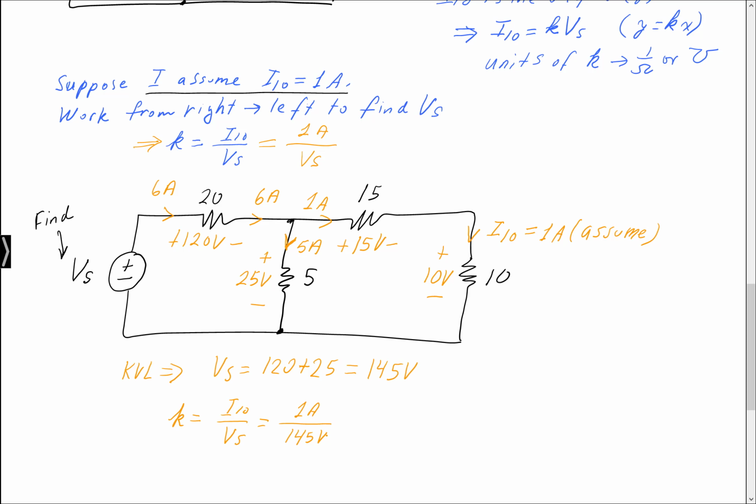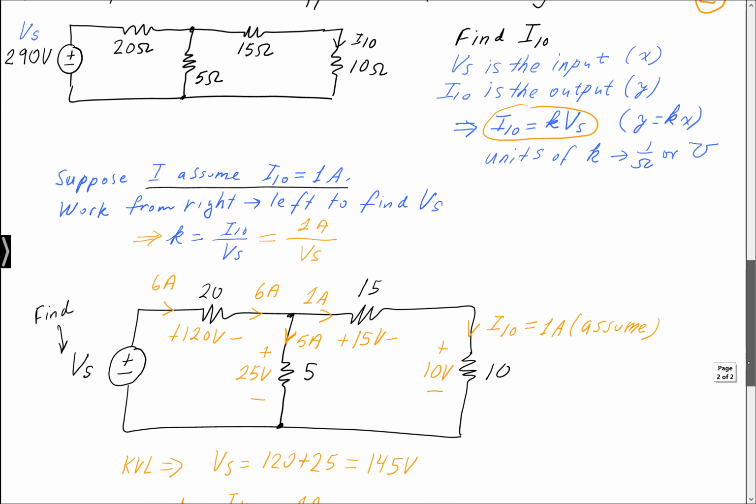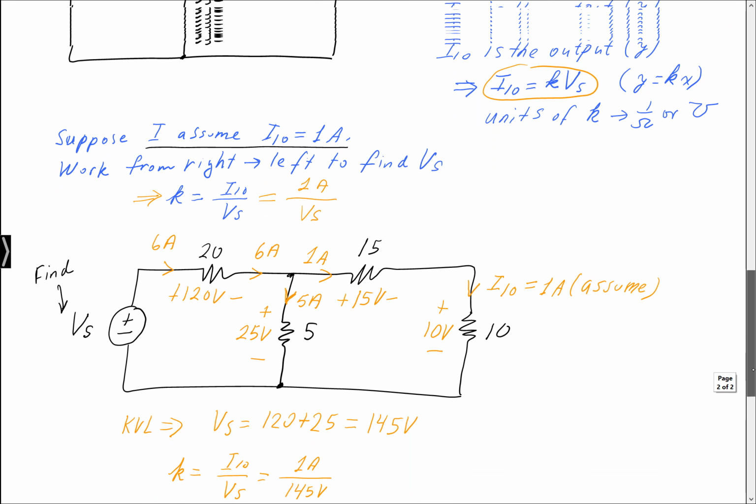So this is the value of K. But for the system above, this is always true, right? So the question becomes, suppose I make Vs 290 volts.